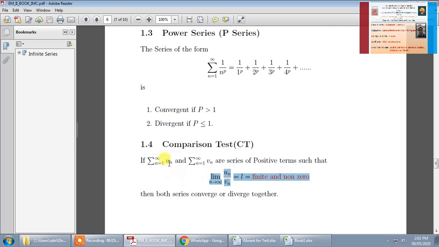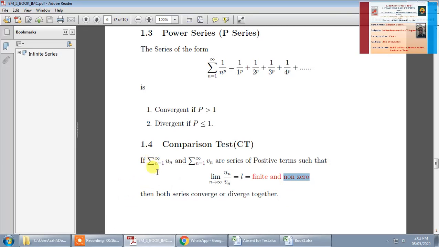Once again I will repeat, what is the comparison test? If summation u_n and summation v_n are two separate series of positive terms, and the limit as n tends to infinity of the nth term of the first series divided by the nth term of the second series is finite and greater than 0, meaning it should not be infinite, not 0, and not negative, then both series behave alike.